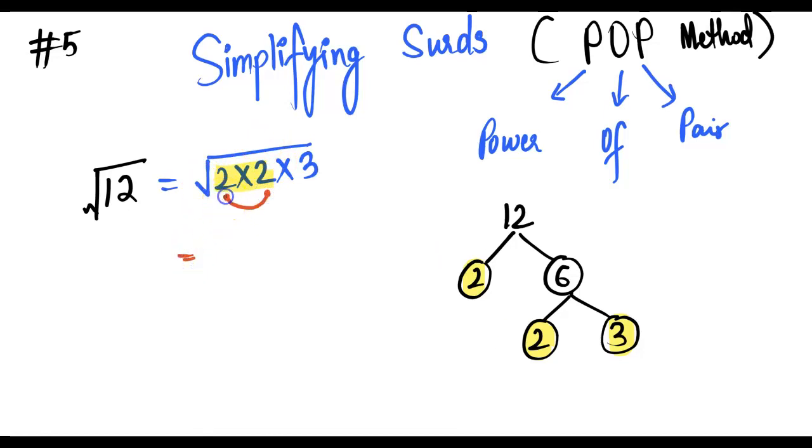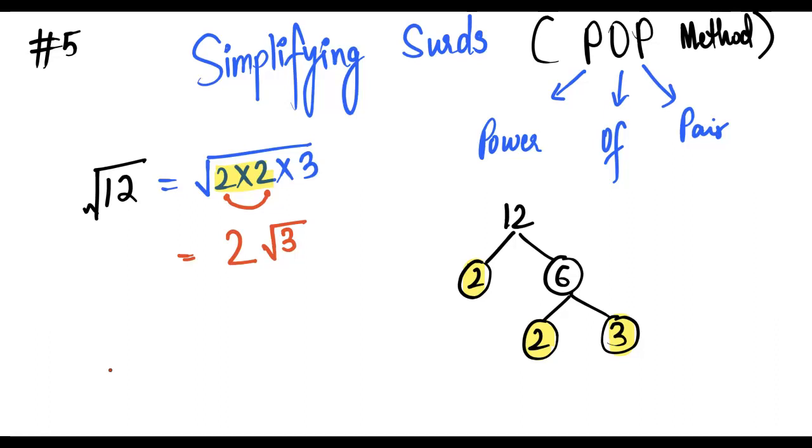Think of this SURD as a trap. The one that is in pair can leave the SURD. So now your 2 is outside and your root 3, 3 is inside because 3 doesn't have any pair, right? So pair is working over here and this is called the POP method.